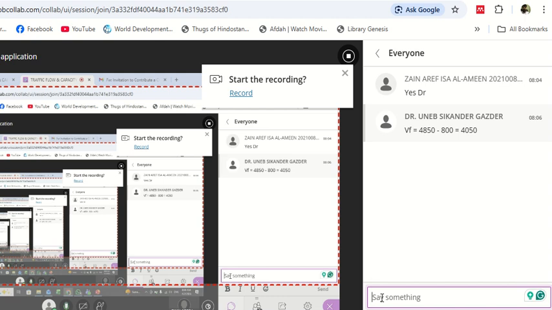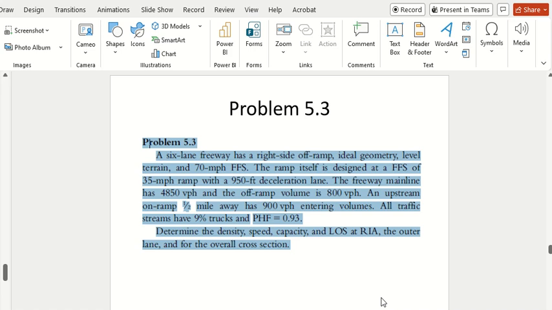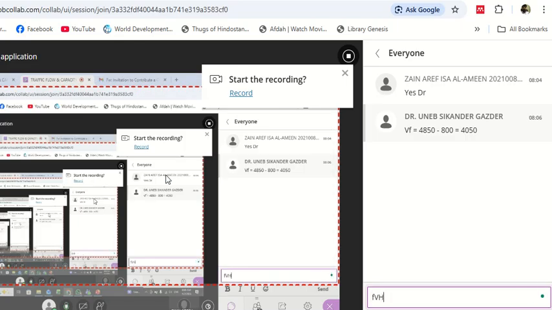Okay, secondly, I need the heavy vehicle adjustment factor for the ramp as well as for the freeway. Now both of them have 9% trucks and both of them have level terrain. Okay, so the factor will be same. So the equation for the factor is, okay, now in this equation I have 9% truck, so PT is 9%.